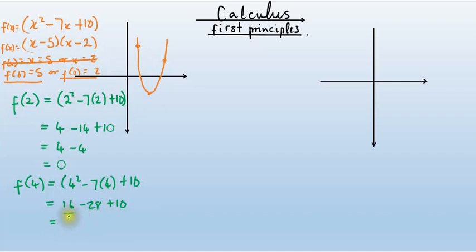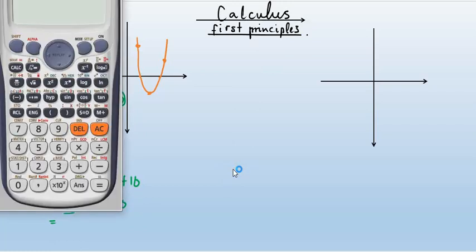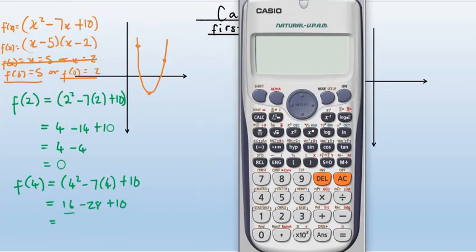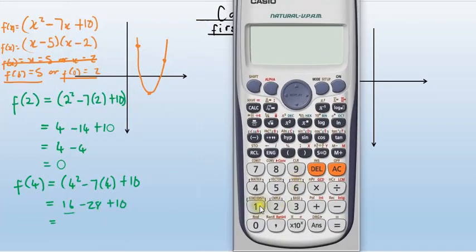Let me just use a calculator first, so that I don't have mistakes now and then. So looking at it, I can say 16 minus 28 plus 10, right, is equal to what?